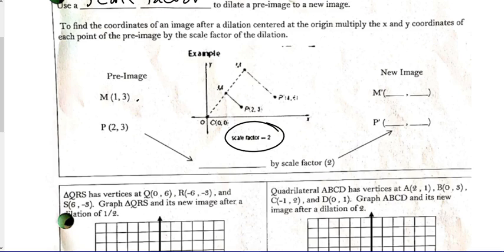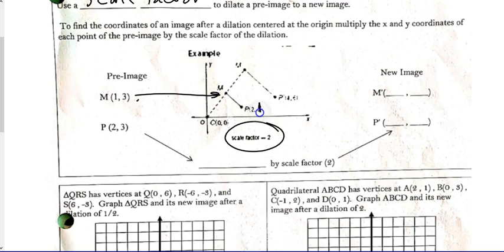But hopefully something else you notice is this picture does not really match up with the drawing, or at least the information given. Let's say M is up here at 1, 3. Well, if that's 1, 3, there's no way P is 2, 3. That looks more like 2, 1.